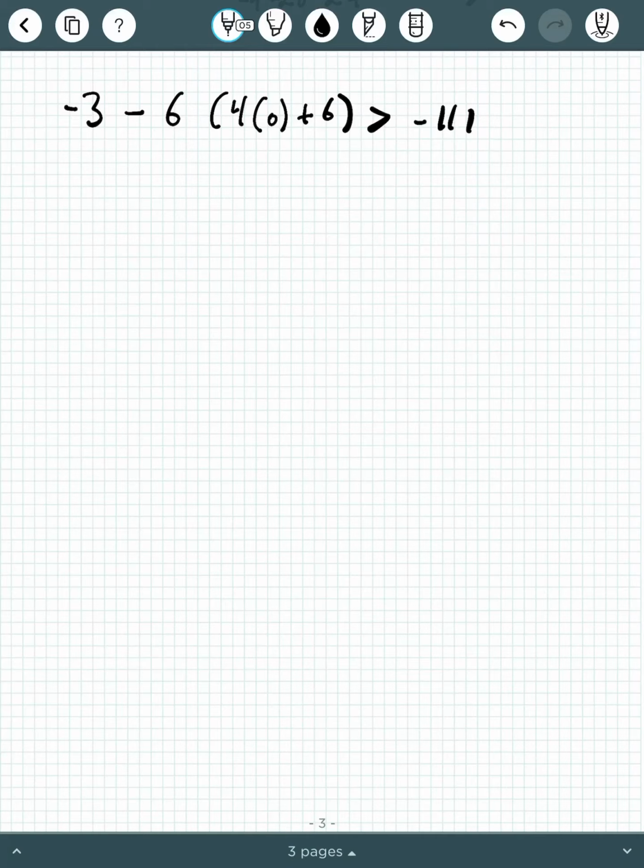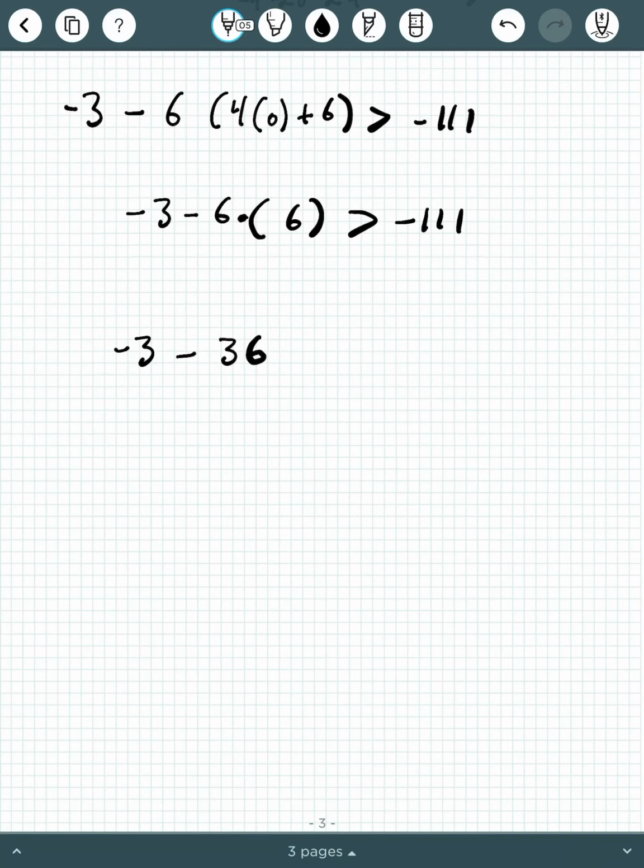And so here you will have to do some math, but we still get a little bit of a simplification. So negative 3 minus 6 will be multiplied by just 6 on the inside, and that has to be greater than negative 111. Well, I have to do my multiplication right here, so I get negative 3 minus 36 is greater than negative 111. When I turn that into adding a negative, I'll see that negative 39 is greater than negative 111.